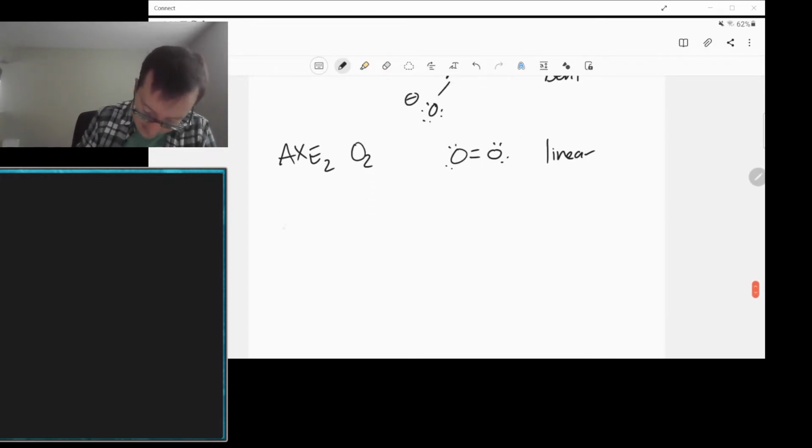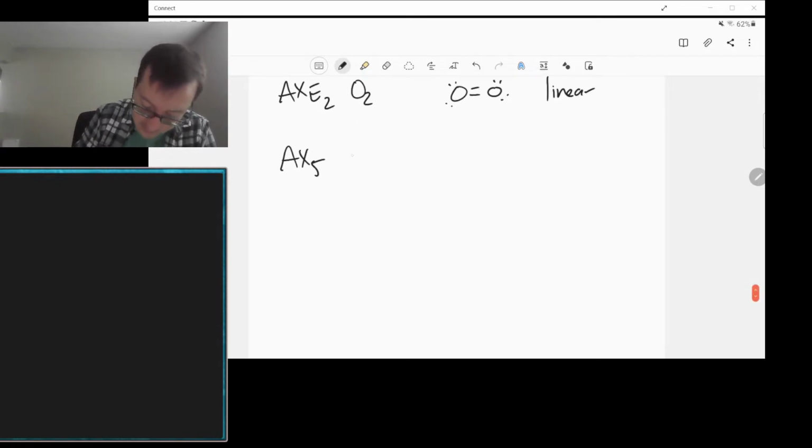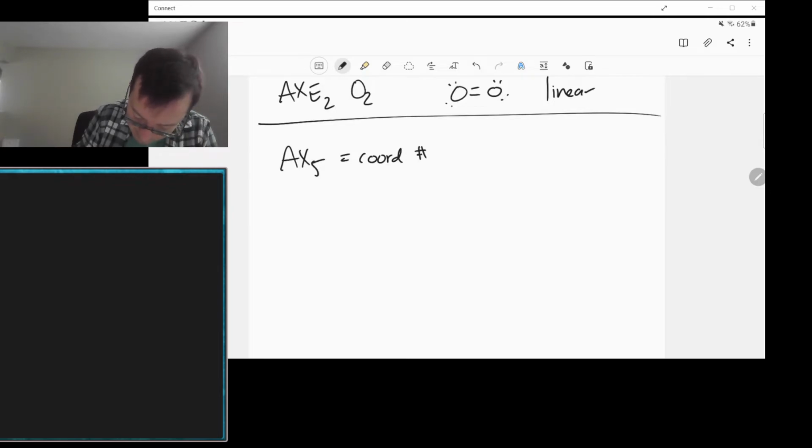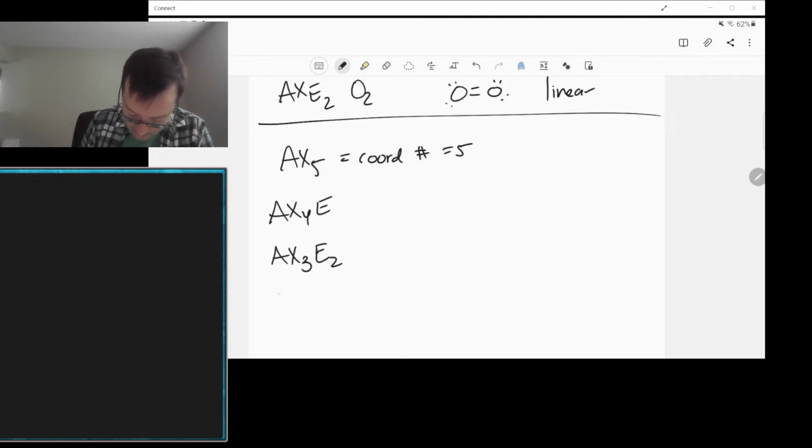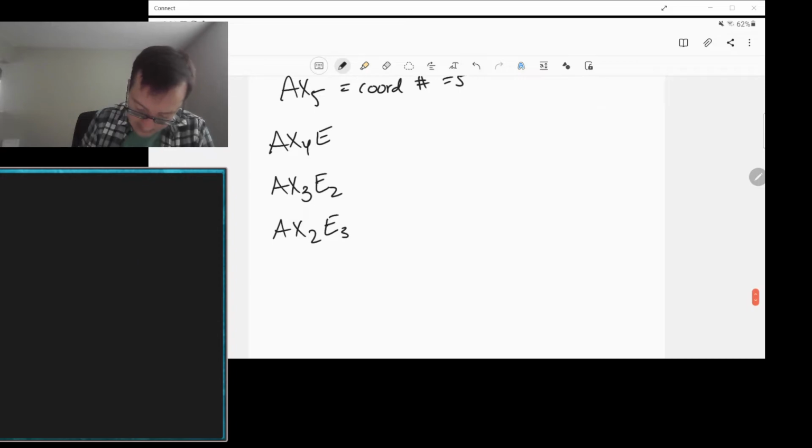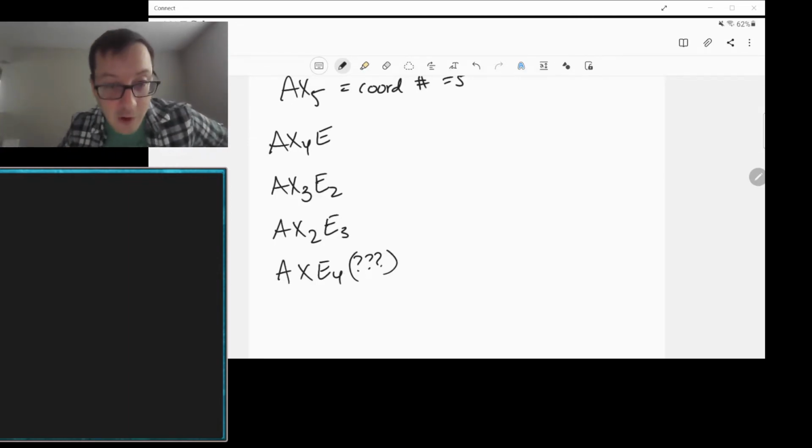Let's look at AX5 category things, or coordination number 5. So we're going to have AX4E, AX3E2, AX2E3, and I can't think of anything that would fall under this category, but again, I have been proven wrong before.